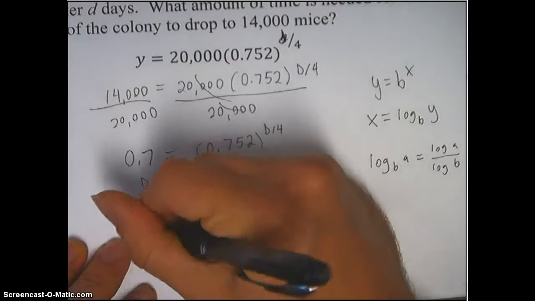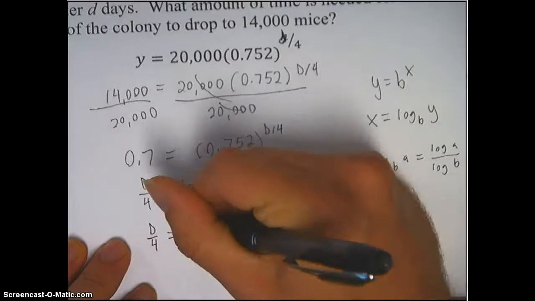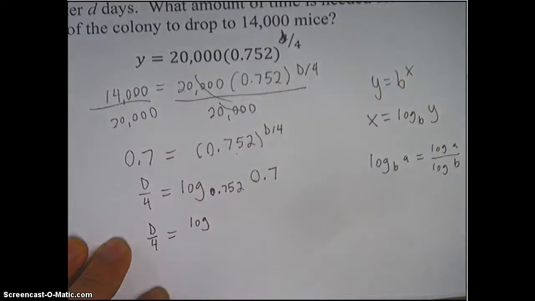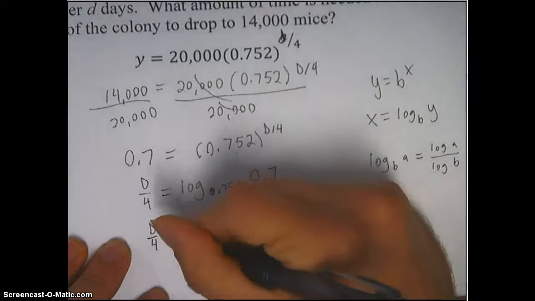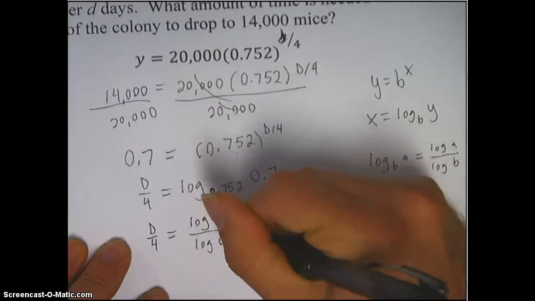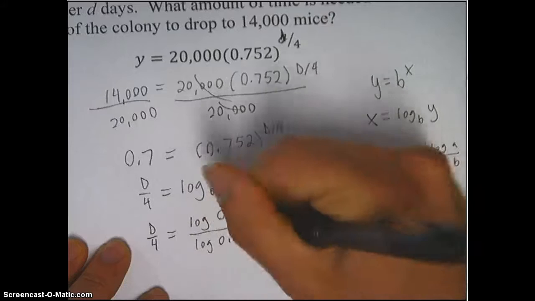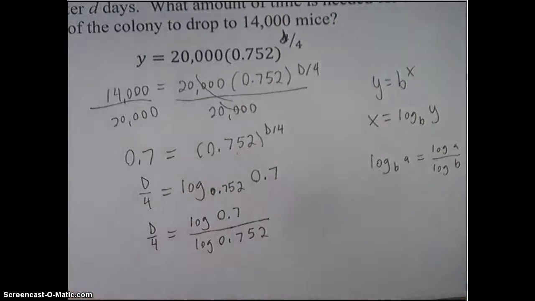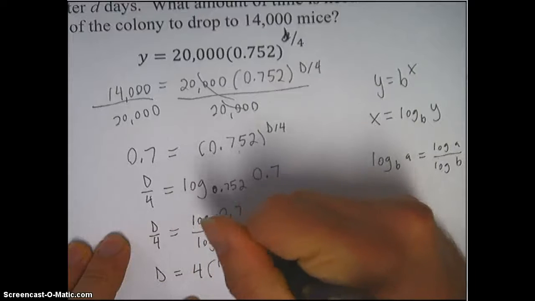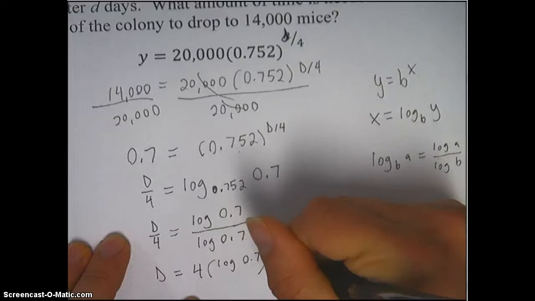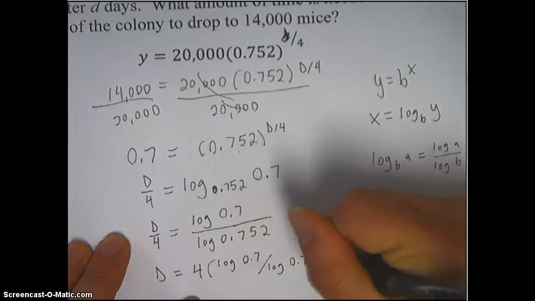So d over 4 equals log of 0.7 divided by log of 0.752. But the d is not by itself yet. It's still divided by 4, so I need to multiply both sides by 4 to get the d by itself. So d equals 4 times log 0.7 divided by log 0.752.